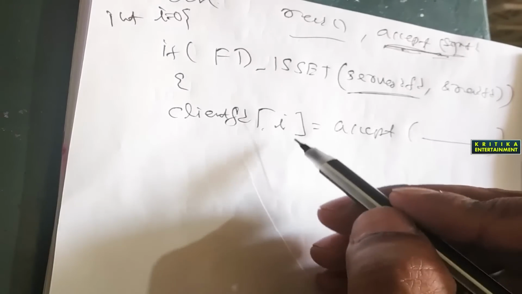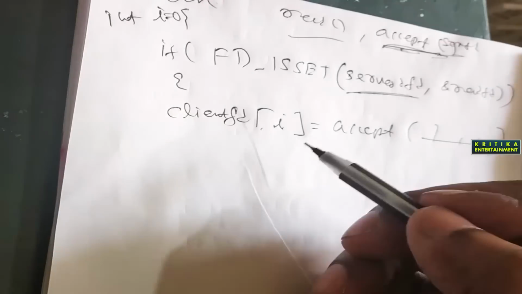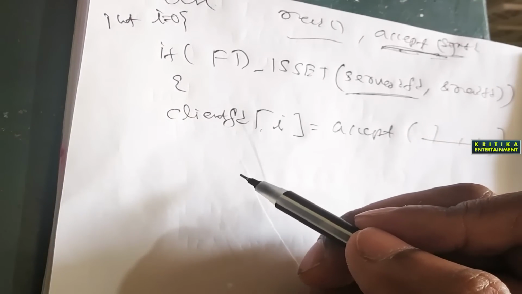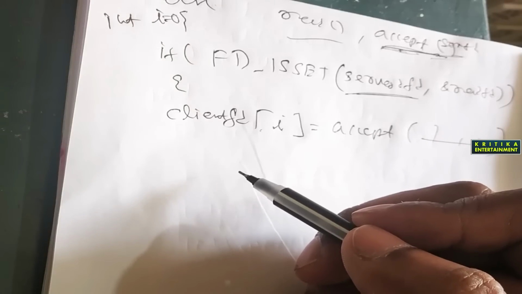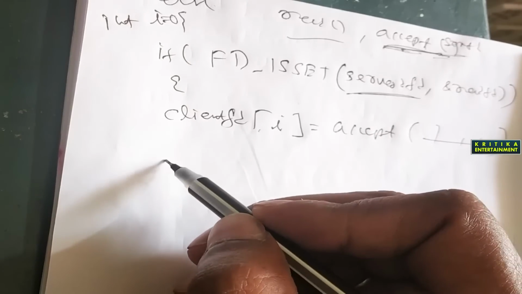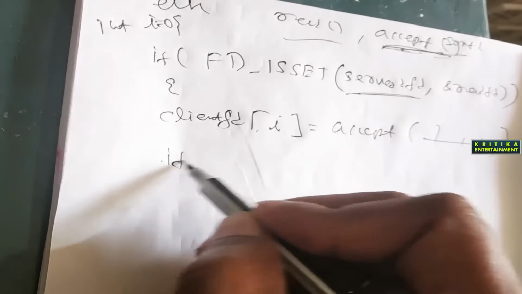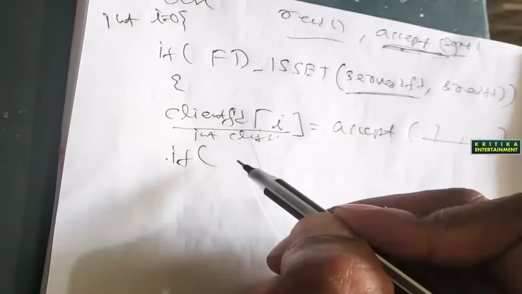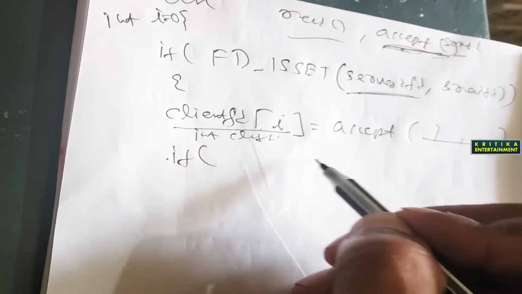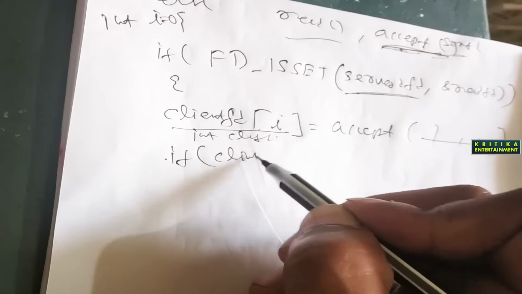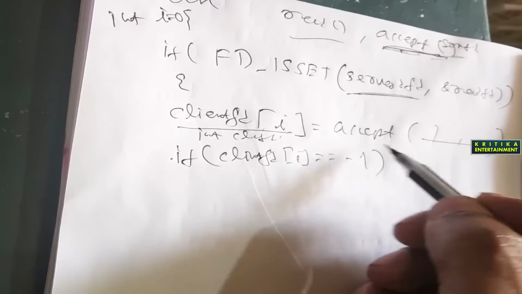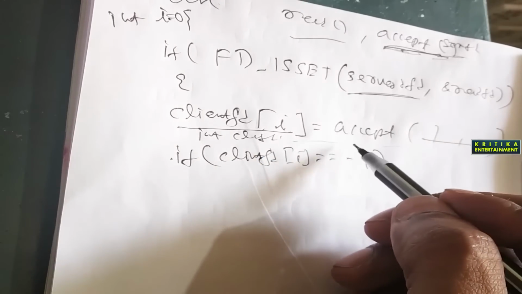Client FD i is equal to accept. You can find the number of arguments; I don't write them here, but in the practical I'll show you. You can check it immediately in the practical. Now if client FD equals -1, that means it is not able to read the data from the client.